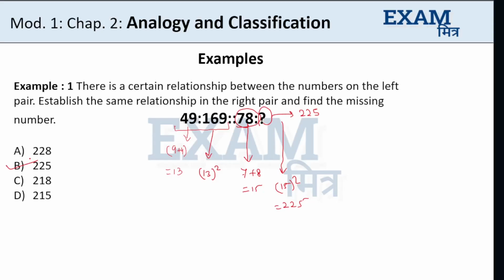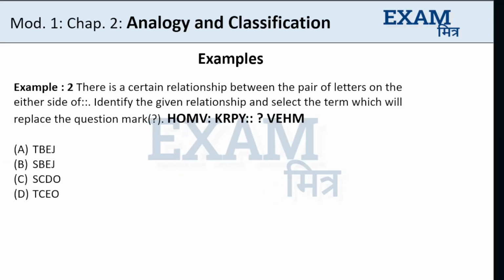I hope you are getting it. Our aim is to find a relationship between the first pair and then establish the same relation with the second pair. Let's see the second example. There is a certain relationship between the pair of letters on either side of this double colon.